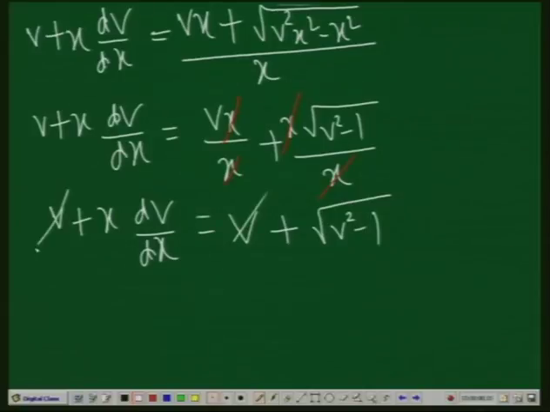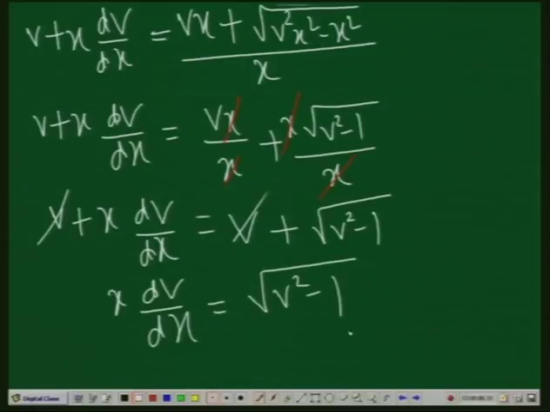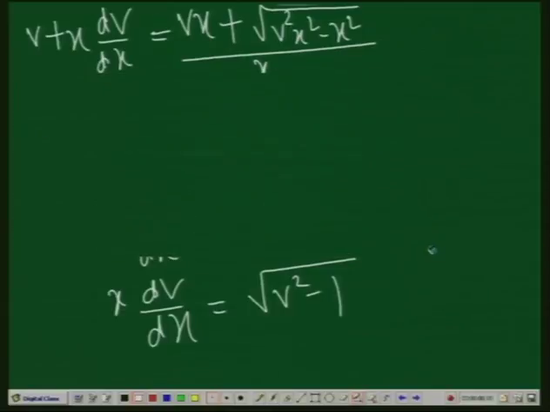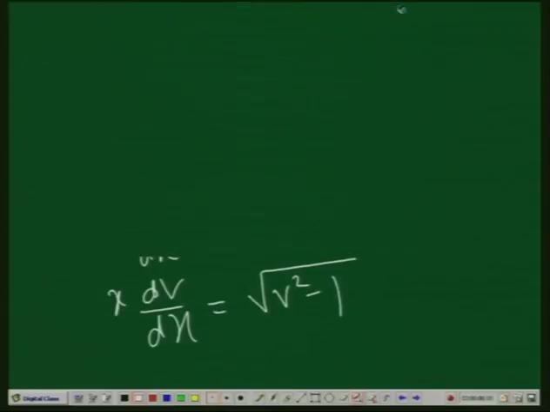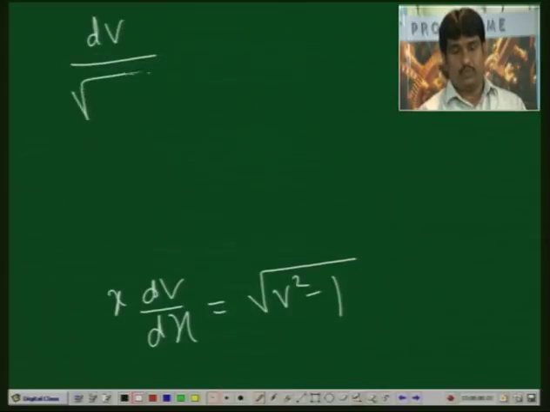Cancel v, and we get x into dv by dx equals root of v square minus 1. Now, next step, separate the variables. You can write this equation as dv divided by square root of v square minus 1 equals dx divided by x.